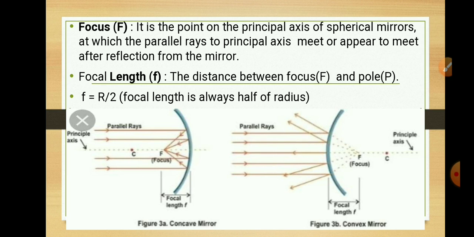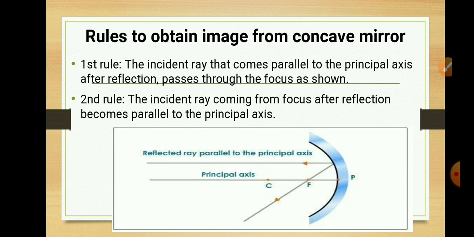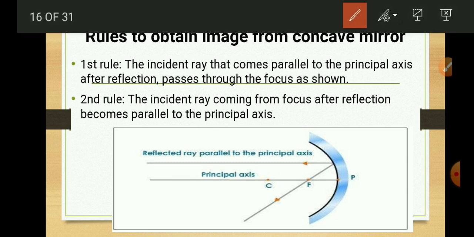Now we will learn about the rules to obtain an image from a concave mirror. The first rule is that the incident ray that comes parallel to the principal axis passes through the focus after reflection, as shown in the figure. Whenever the incident ray is parallel to the principal axis, after reflection it will pass through the principal focus.